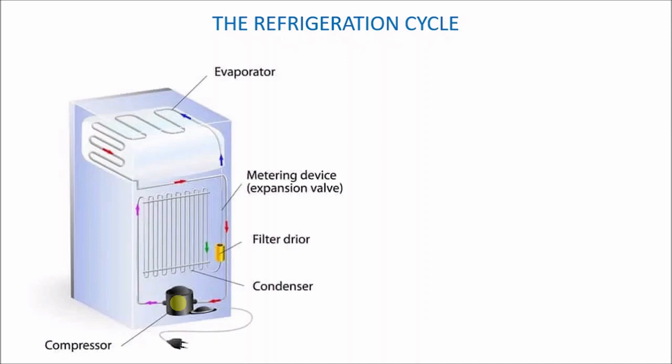Okay, and so that is what happens with compression. And so therefore after the compressor, what will happen? You will have a high temperature in the refrigerant and also a high pressure in the refrigerant, and this refrigerant is going to be in a vapor state.